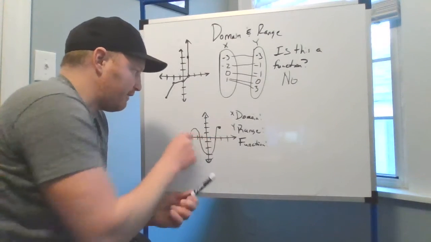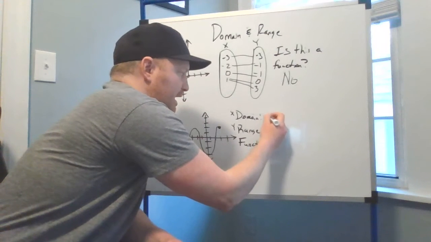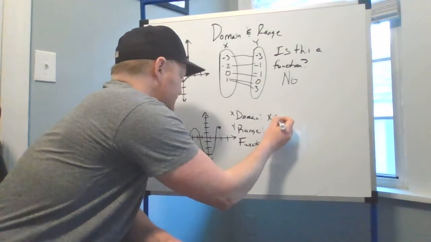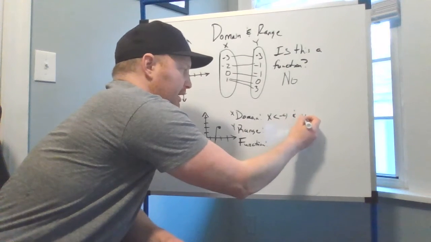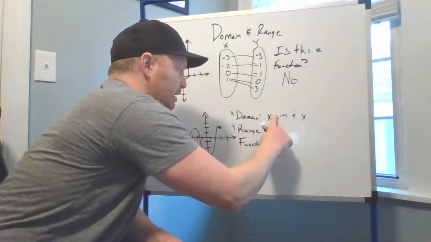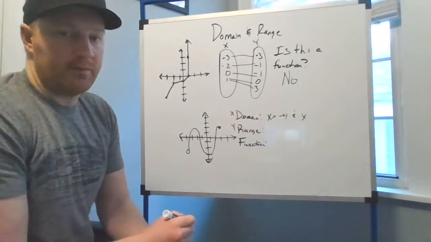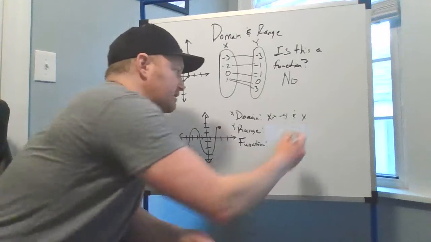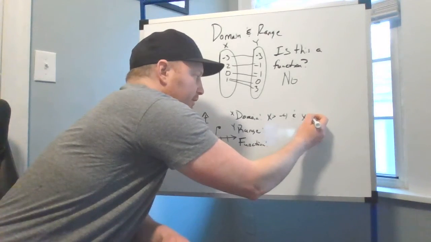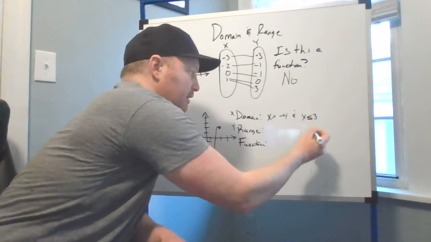That's where this graph exists. So you can explain this one of two ways. You can say X is greater than -4 and X is also less than or equal to 3.